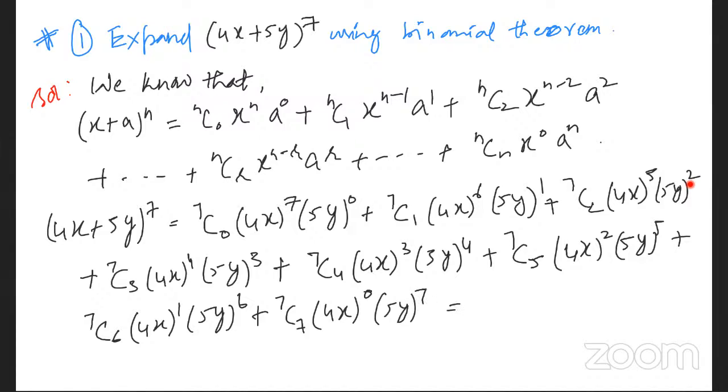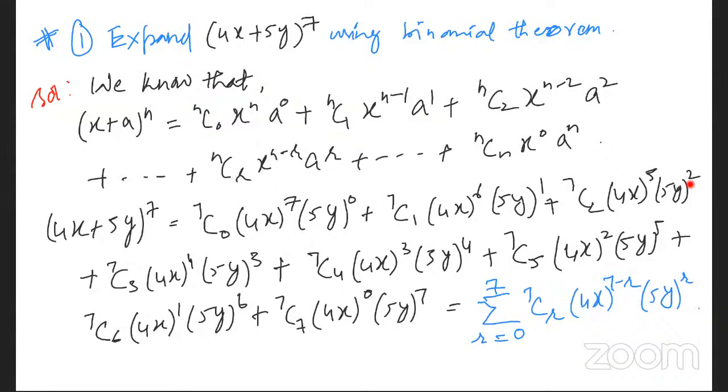So this can also be written as the summation of r equals 0 to 7, 7Cr (4x)^(7-r) (5y)^r.